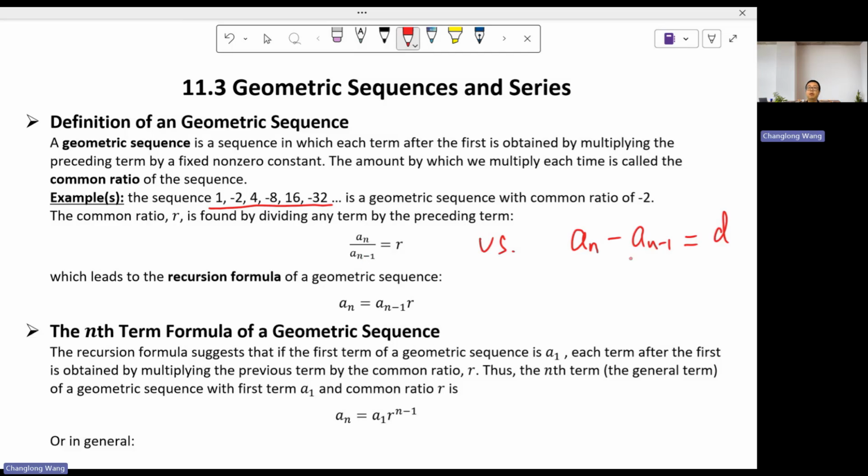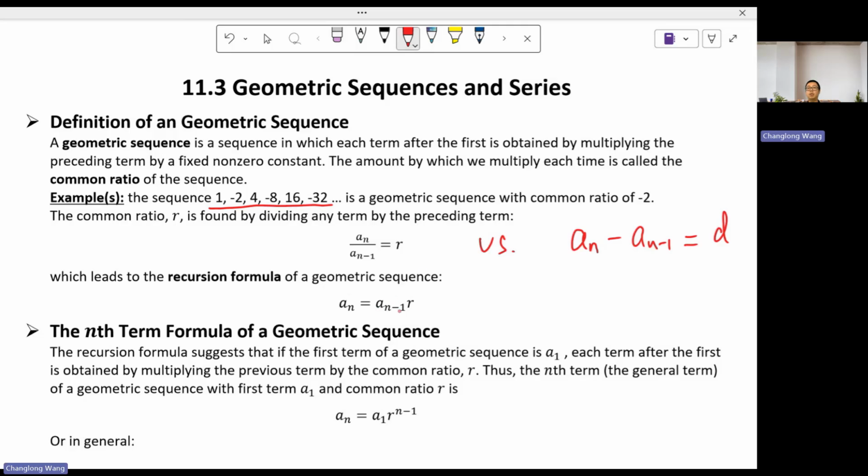Okay? Now, we went from the definition of a common difference into the definition of the recursion formula for the arithmetic sequence. So you see that we can do the same thing, just by rewriting this equation by multiplying both sides by a sub n minus 1.